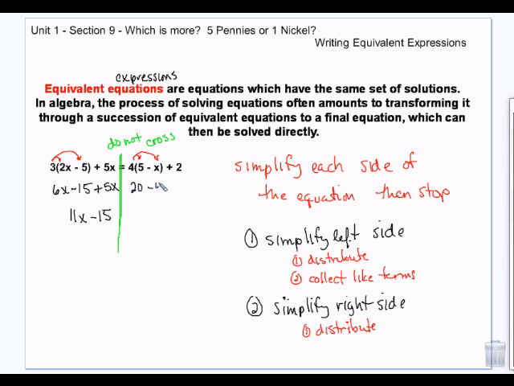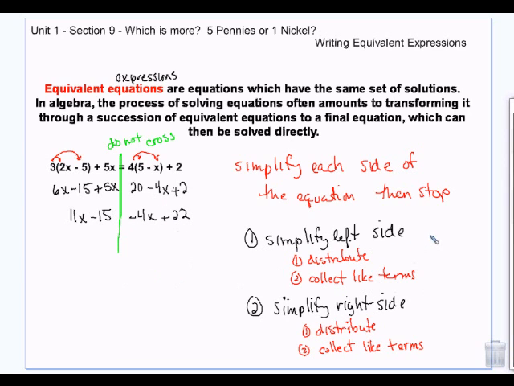And I get 20 minus 4x plus 2. Then I'm going to collect like terms. So 20 plus 2, okay, so I have negative 4x. I like to put the 4x in the front. You don't have to. And 20 plus 2 is 22. And I can't do anything more with this side.